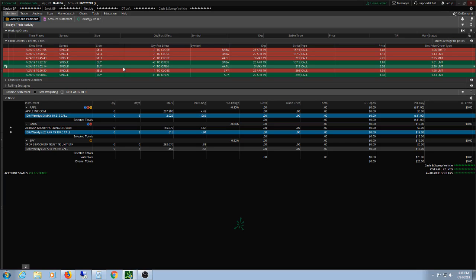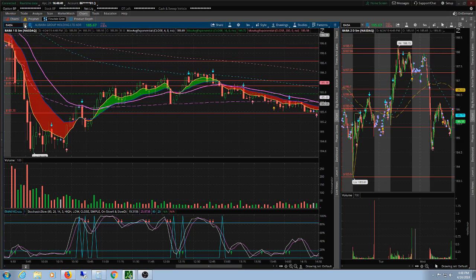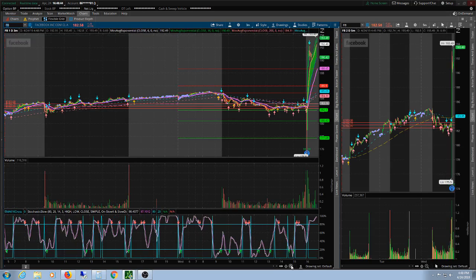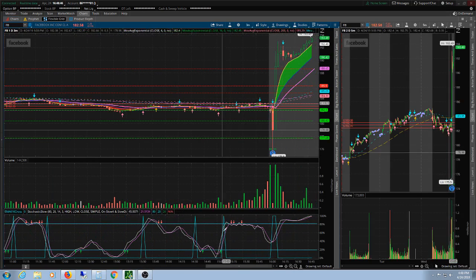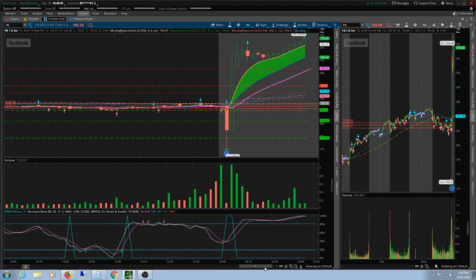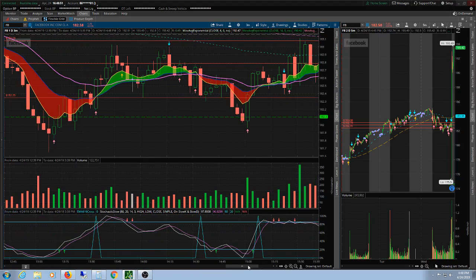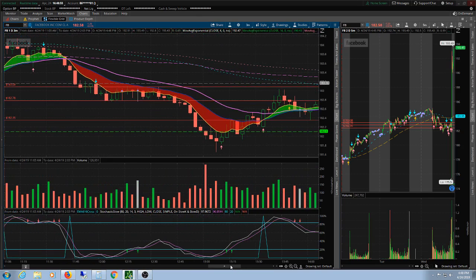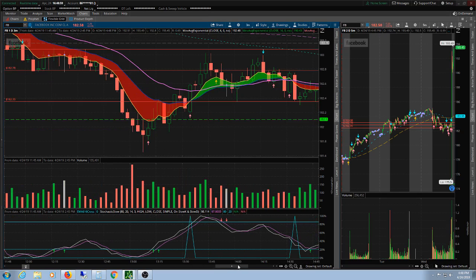Traded Facebook. Paper traded Facebook. Let's take a look at that chart. Yeah, I wish I would have still had those. Paper traded Facebook and got in at 122 this afternoon.